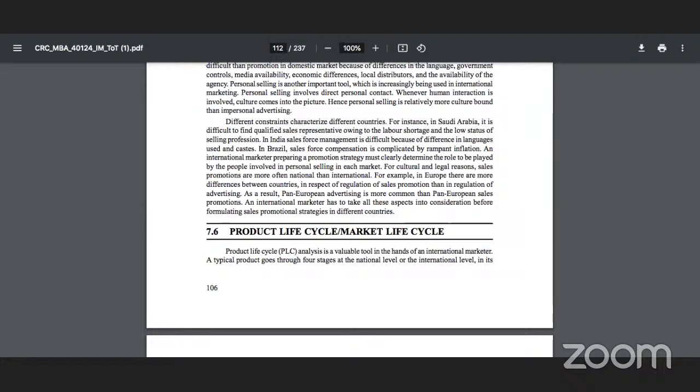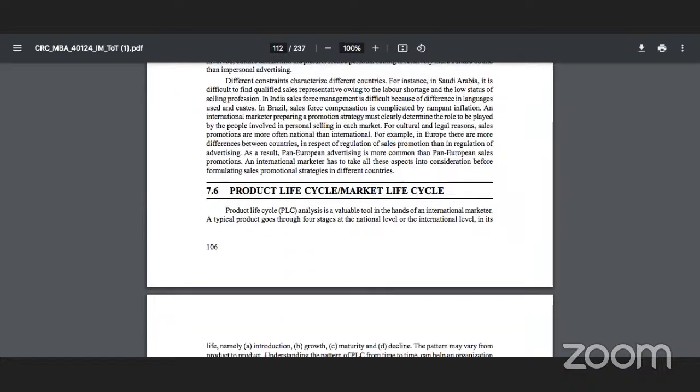In Brazil, sales force compensation is complicated by rampant inflation. So, international marketers prepare a promotional strategy and clearly determine the role to be played by the people involved in personal selling in each market.